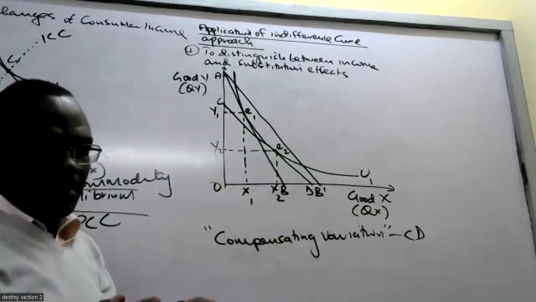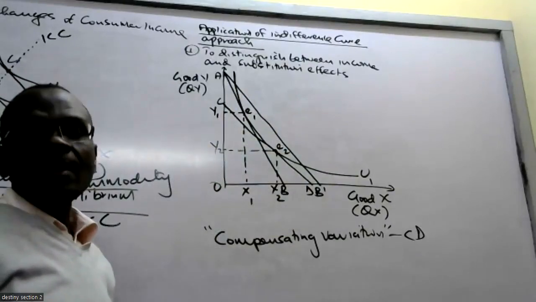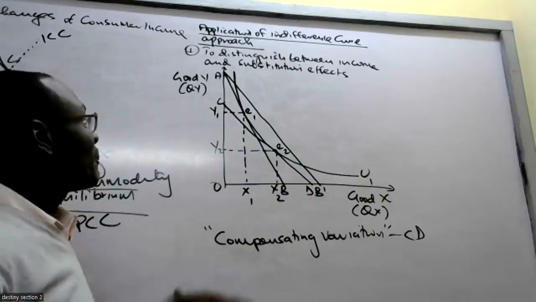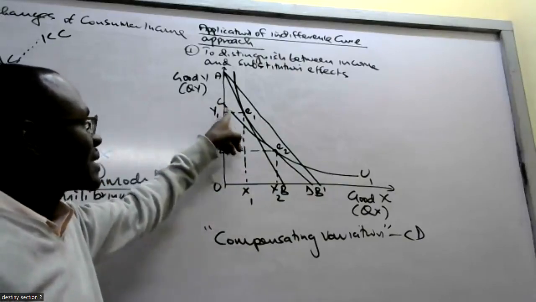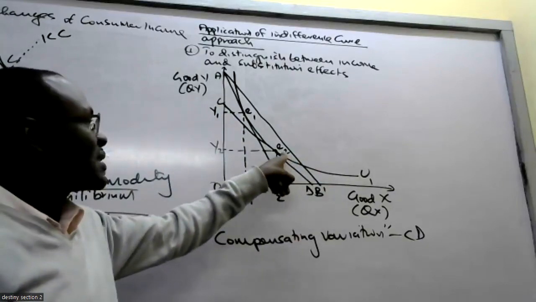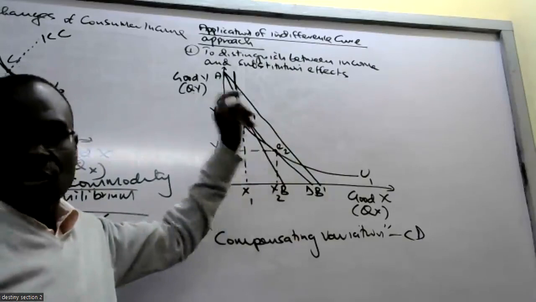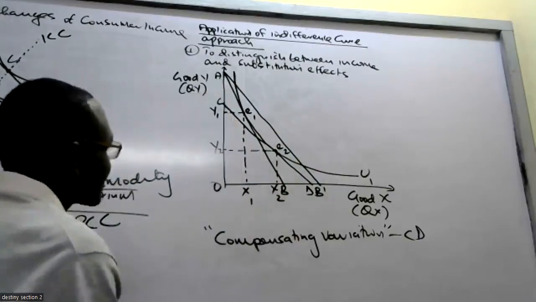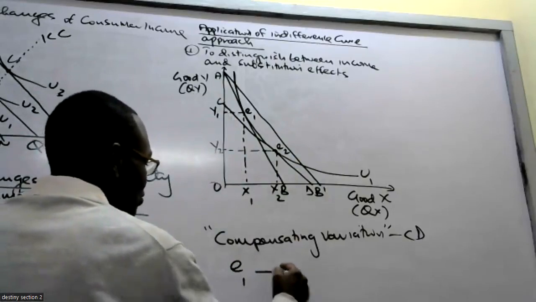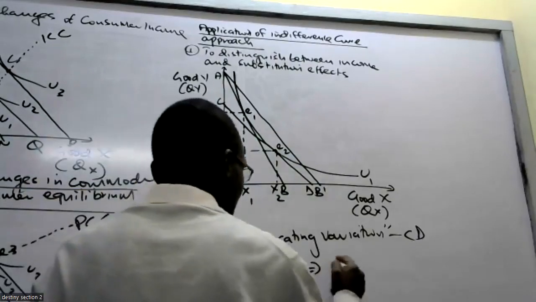The new equilibrium is shown by the point of tangency between the line of compensating variation, this budget line CD, and the same curve U1, but at a lower point, which we call E2. The movement from the first equilibrium point E1 to E2 is what we call the substitution effect.